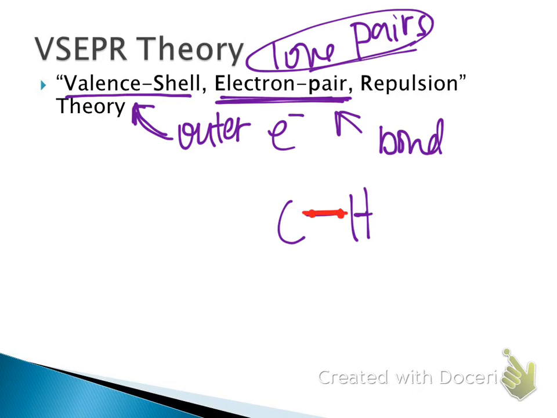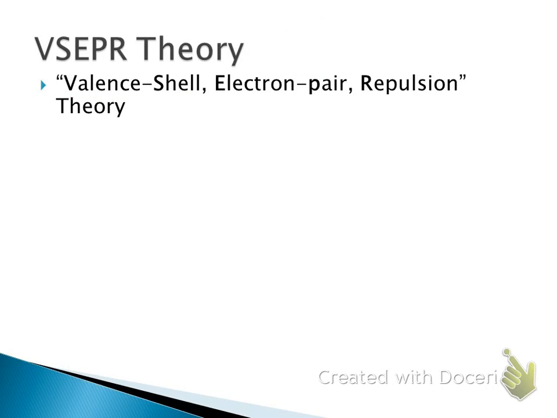So that's also considered an electron pair. Okay, so that means bonds will spread themselves as far as they can. Lone pairs will spread themselves as far as they can. That's what we're looking at here in this Valence-Shell Electron-Pair Repulsion theory. These groups of electrons will start to spread themselves as far as they can to give themselves the most space.